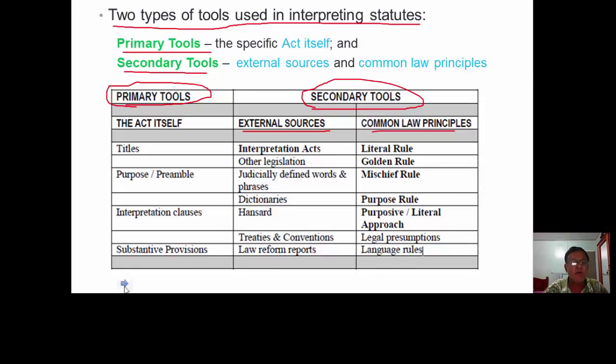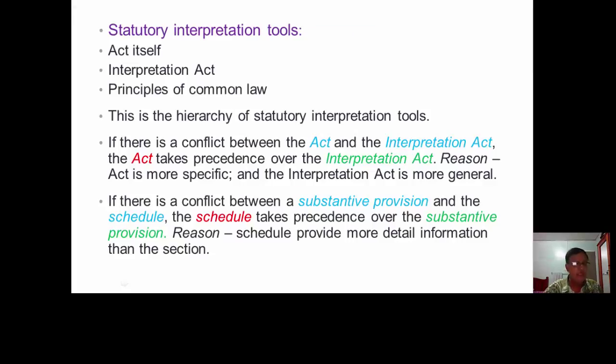Moving on, you can see the interpretation of legislation. First, you must look at the legislation itself. If the legislation does not define the word which is ambiguous, the meaning of the word or words or phrases, then you move on to the second tool, which is the interpretation act.